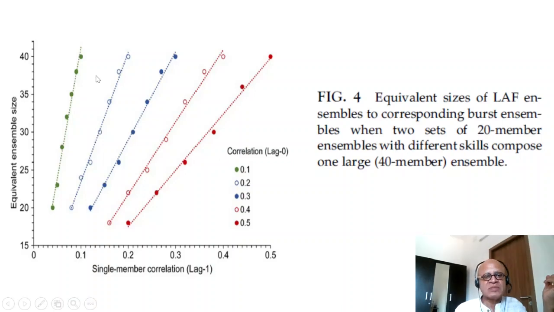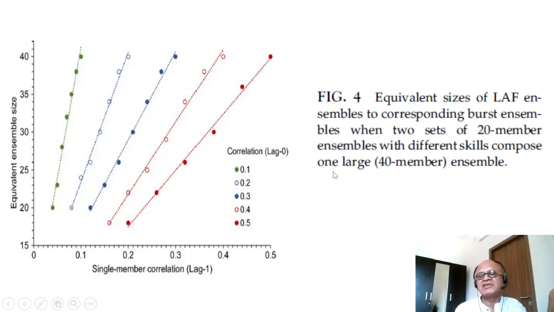Without struggling to explain this, we know that as ensemble size goes up, skill goes up compared to the single member correlation, but it depends on the intrinsic skill. If it's low, then ensembling is not going to help. If it's high, ensembling will help to increase the skill.